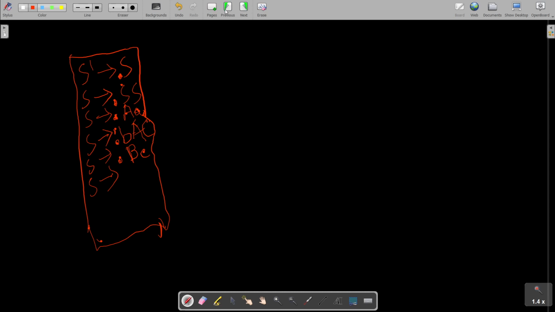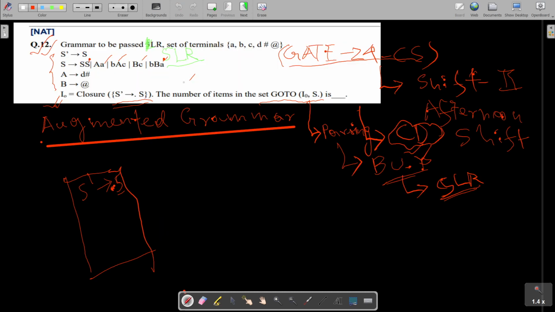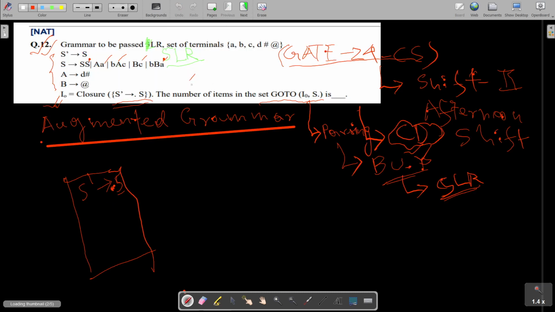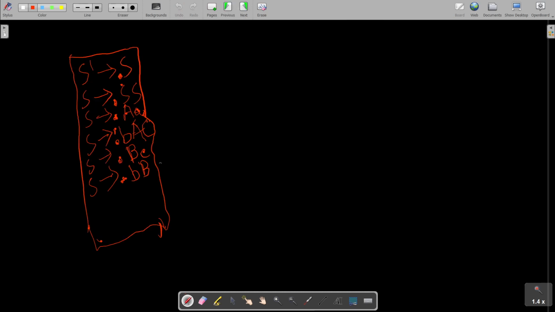Capital A, small a, and then previous capital A, small b, capital B, small c, and small b, capital B, small a, small b, capital B, and small a was there, right? Small a was there. So this is it. Now we'll see again after a dot how many non-terminals are there.